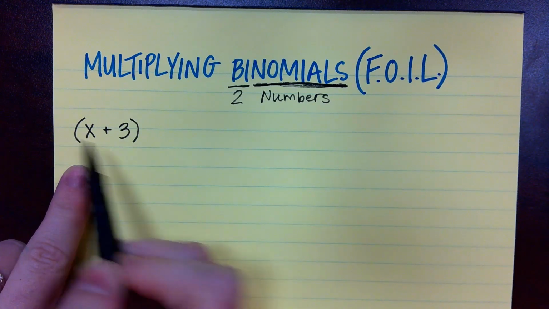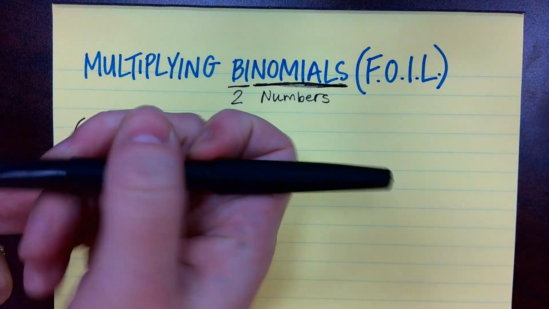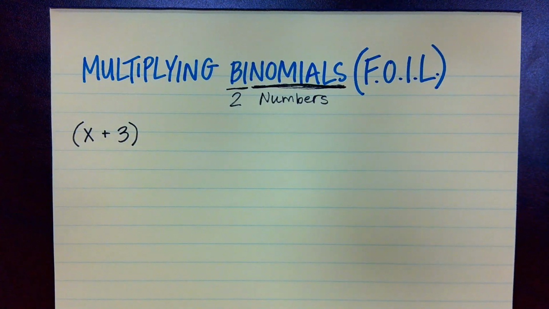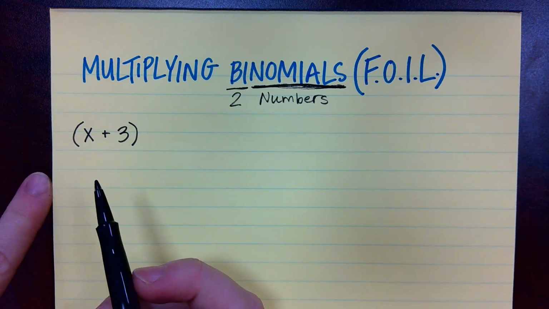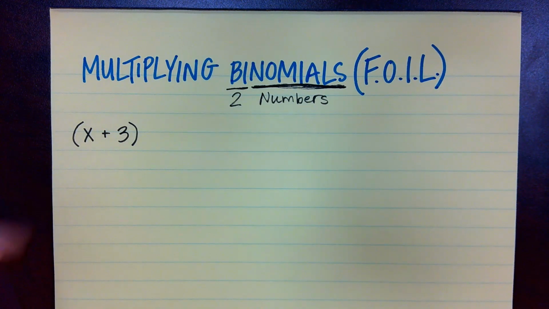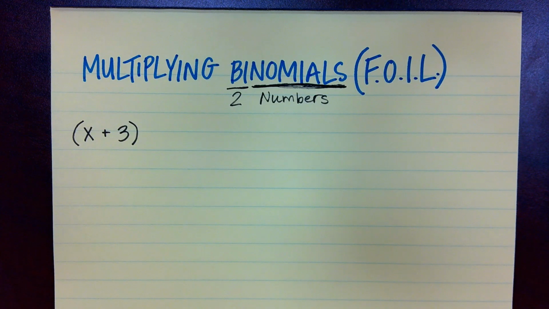They cannot have the same variable for what we're doing. Because if they can be combined, it's no longer a binomial. There's no longer two parts. I'm not going to ask you to identify that. I'm just trying to describe what this word means so you understand what I'm talking about.